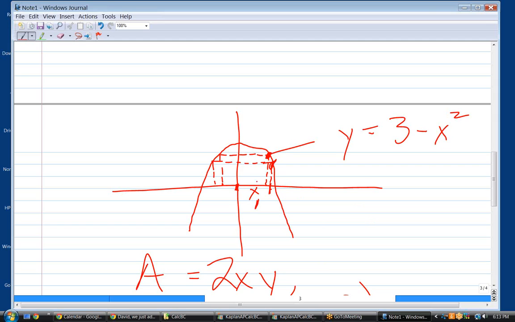In other words, the rectangle that produces the maximum area is one where x is 1 and the y coordinate would be 2. That produces an area of 4 for that particular rectangle, and you can't put a rectangle in there that's a bigger area.